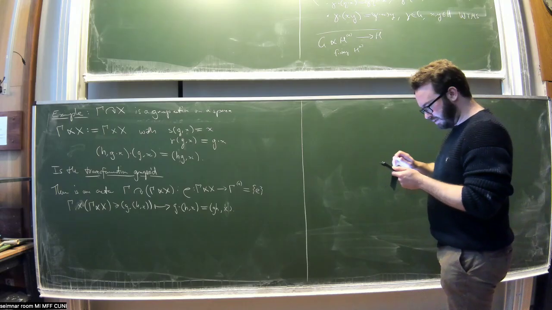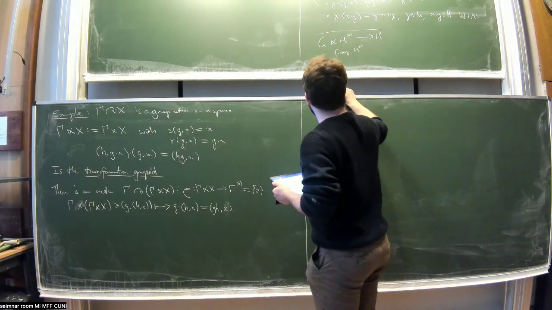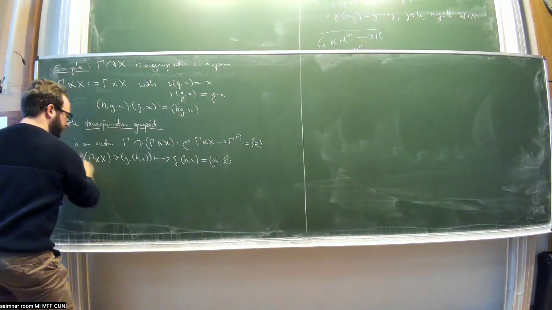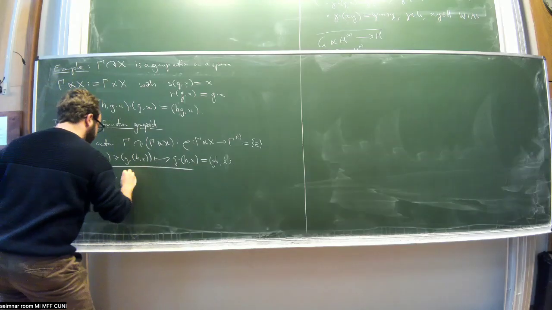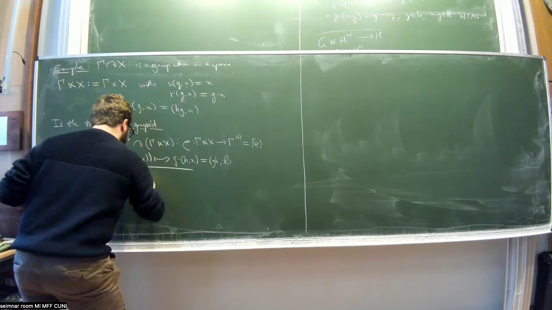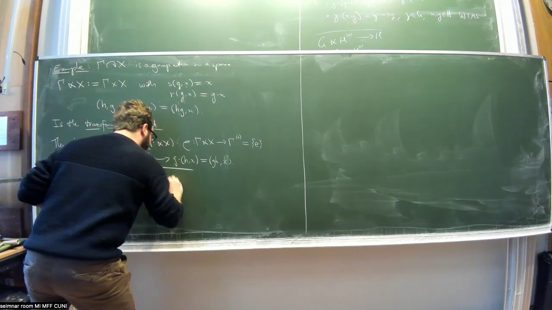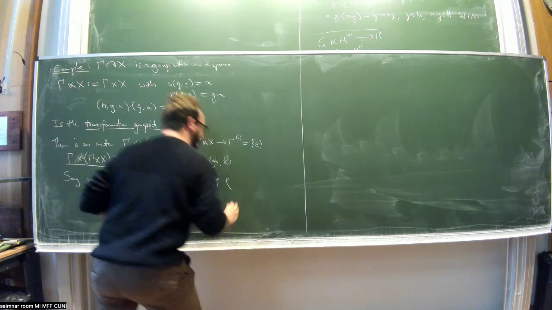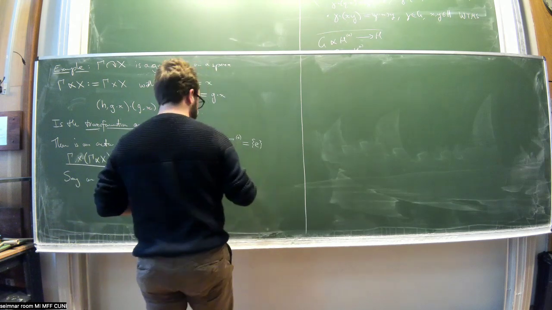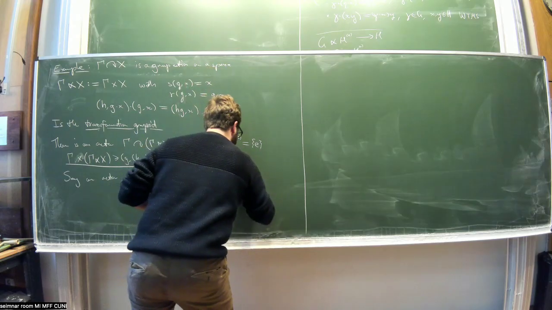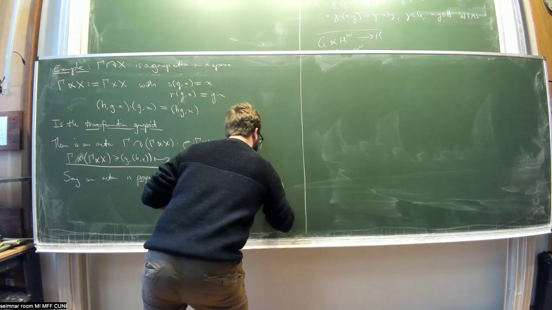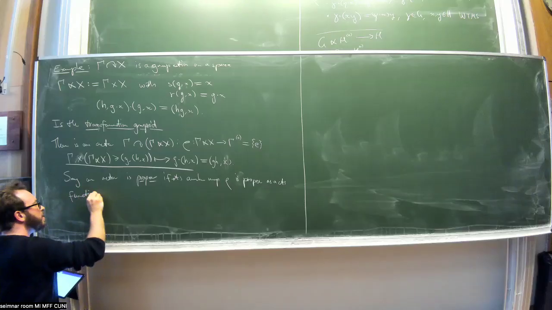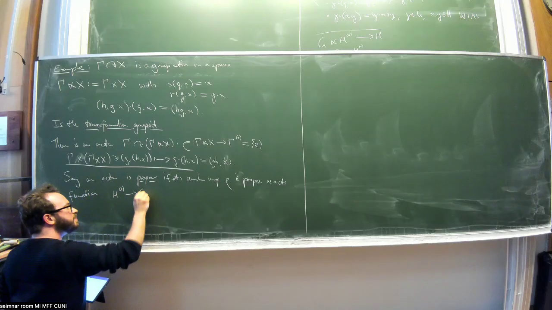Okay, so one last thing we will say: an actor is proper if its anchor map rho is proper as a continuous function once you restrict it to unit spaces.